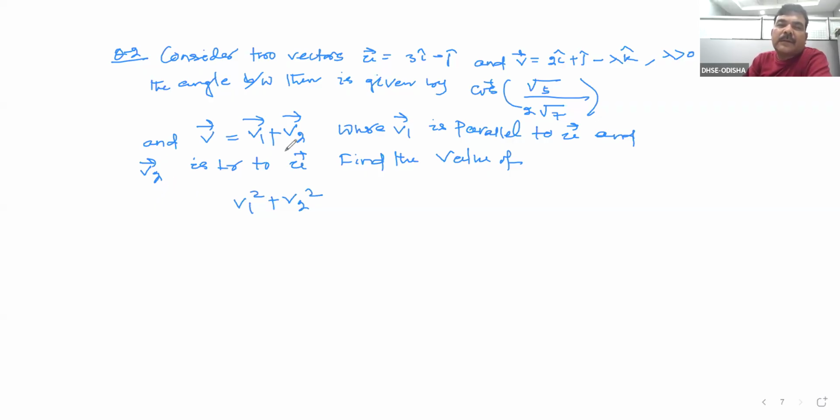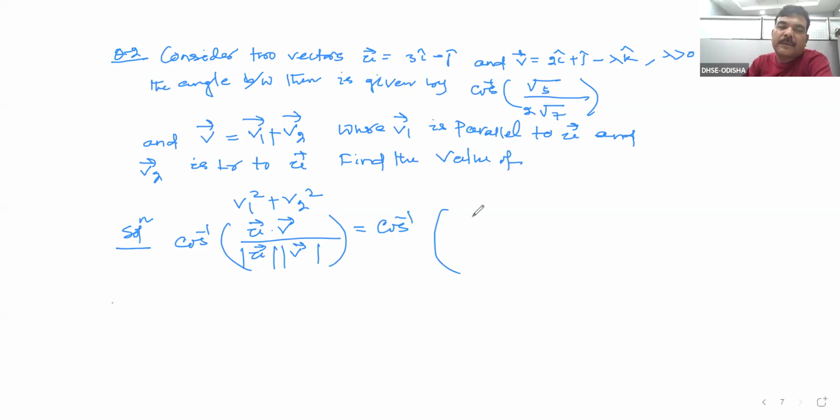So cos inverse of U dot V upon U mod into V mod is equal to cos inverse root 5 upon 2 root 7.